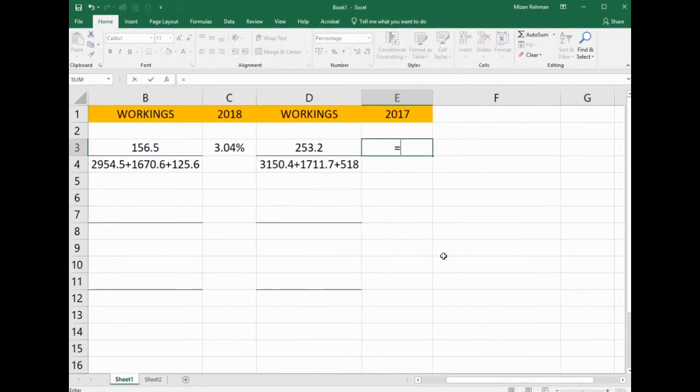Now for 2017, this figure divided by the values 3150.4 plus 1711.7 plus 518, brackets closed, and 4.71. Let me switch on the lights, guys.